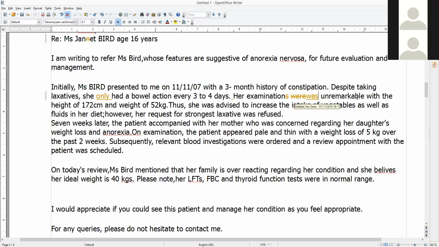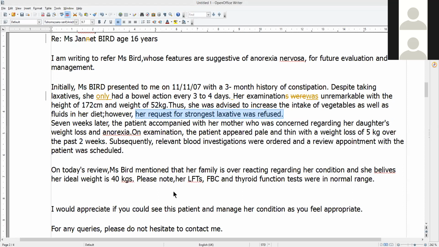But she was advised to, right, so this should come first. She requested a laxative, and you turned it down, and you advised her to increase her intake. I think that's what it says in the notes. Let me check this again. Yeah.